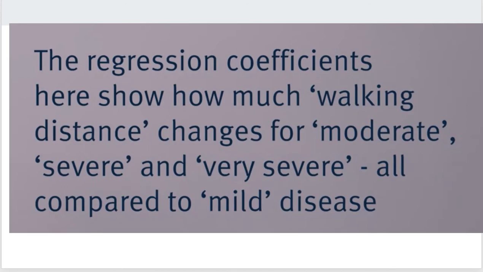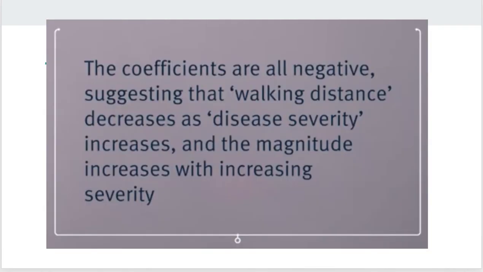The regression coefficients here show how much walking distance changes for moderate, severe, and very severe compared to mild disease. The coefficients are all negative, suggesting that walking distance decreases as disease severity increases, and the magnitude increases with increasing severities.